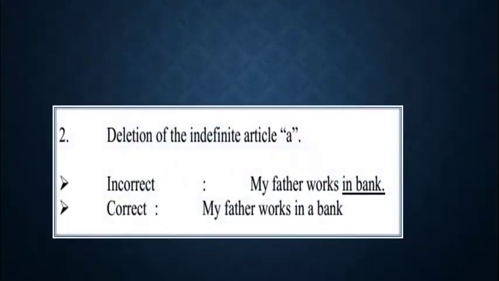We use the indefinite article in English, and in Arabic we don't use anything at all. So this is what leads to the error by Arab learners. They are affected by their native tongue, and this is again negative transfer, or interference.